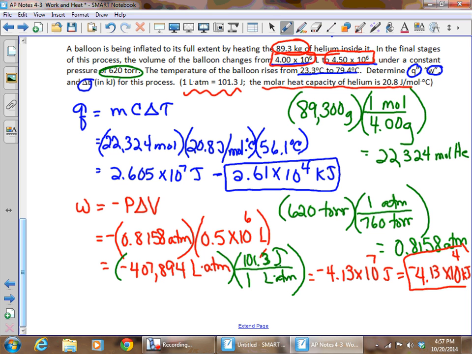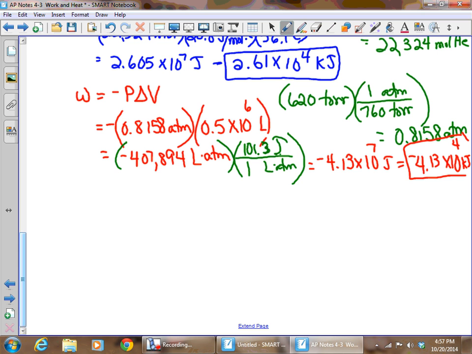So finally, the last thing that we need to do is to take those two values and add them up to get delta E. So delta E is equal to Q plus W. We already said that Q was a positive 2.61 times 10 to the 4th kilojoules.